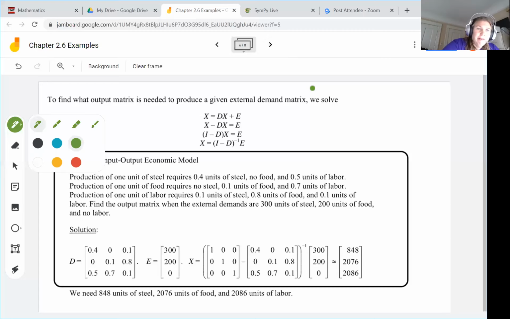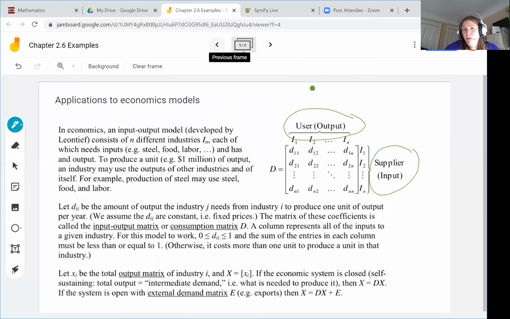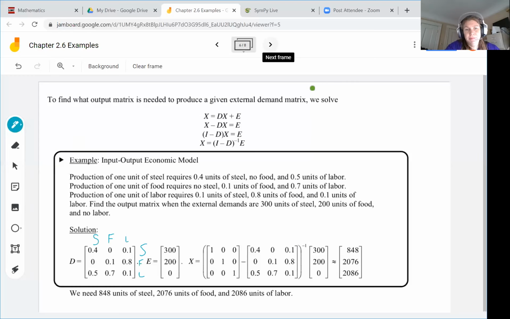So in our matrix down here, I'm going to let the first column and the first row correspond with steel, and the second column and the second row are going to correspond with food, and the third column and the third row are going to correspond with labor. And remember, the rows correspond with the supplier and the columns correspond with the user, the output.